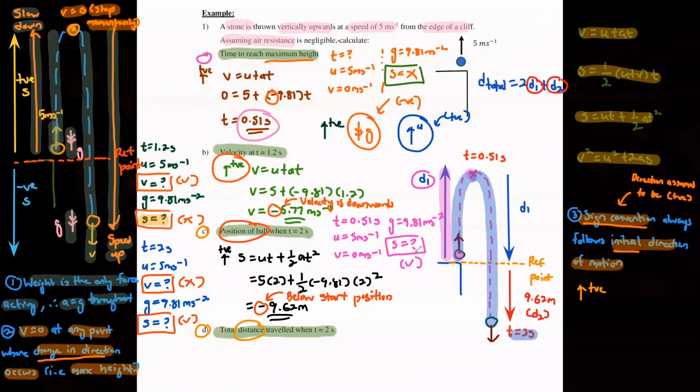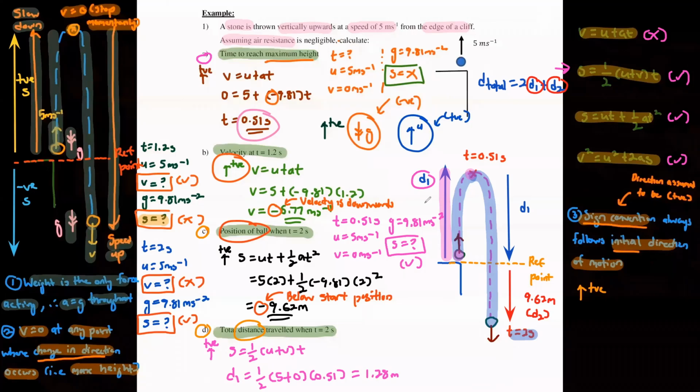Looking at the kinematics equation, we can use the second equation, the third equation, as well as the fourth equation, except equation 1, because it does not have displacement inside. Now, let's say we use equation 2 for our workings. If upwards is considered as our positive sign convention, s is equals to half u plus v times t. s is our D1, then half 5 plus 0 times 0.51 will give us the final answer as 1.28 meter.